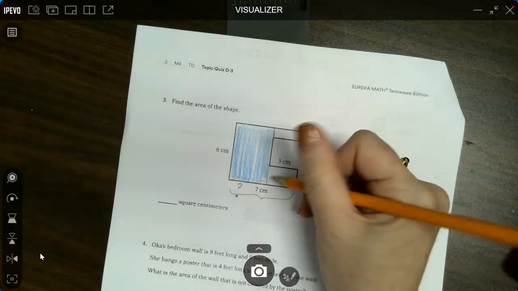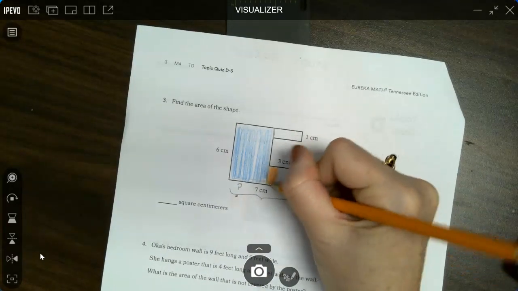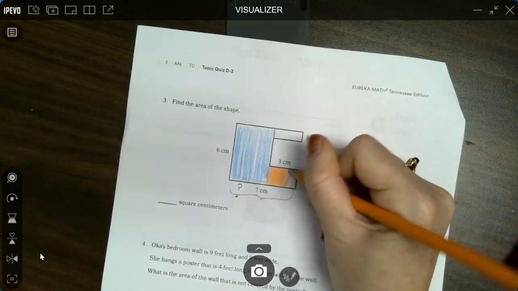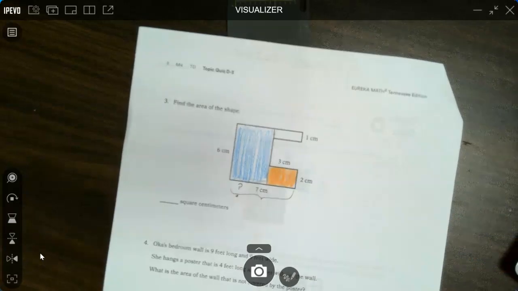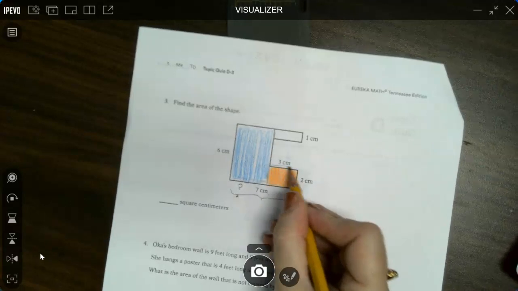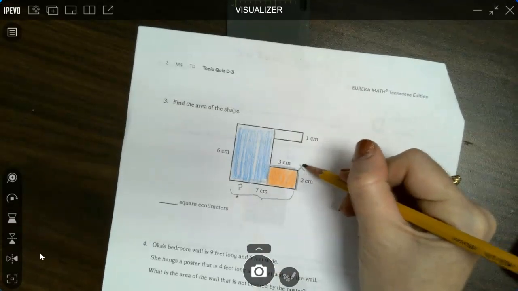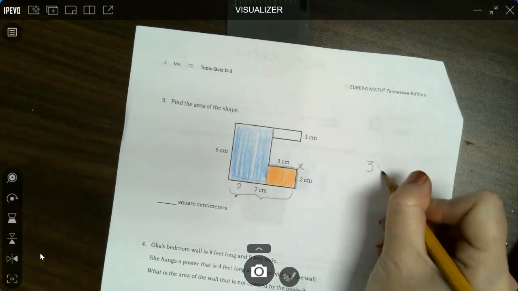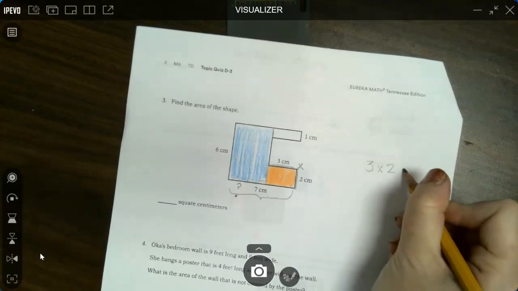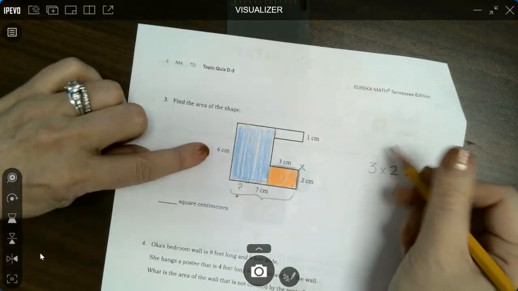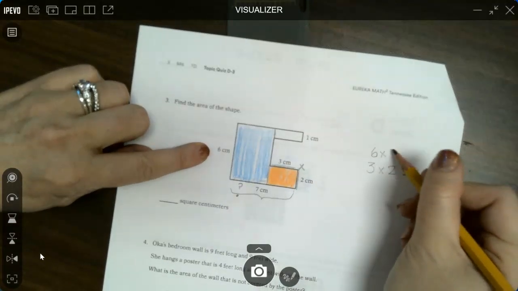I have another little rectangle right here. They have labeled those sides for me. So I have a 3 centimeter by 2 centimeter rectangle. So I'm going to go ahead and write that area over here. I'm going to write that I have a 6 centimeter by something.